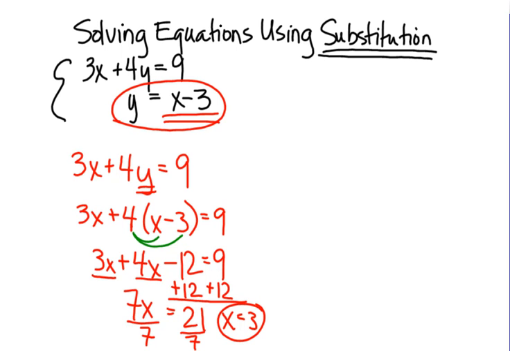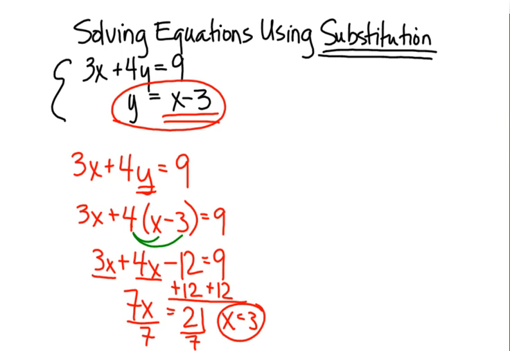Now, the hard part. Now we know what x is, so we can plug it in or replace an x in one of the equations in order to get the value for y. I look for the simplest operations to find the value of y.